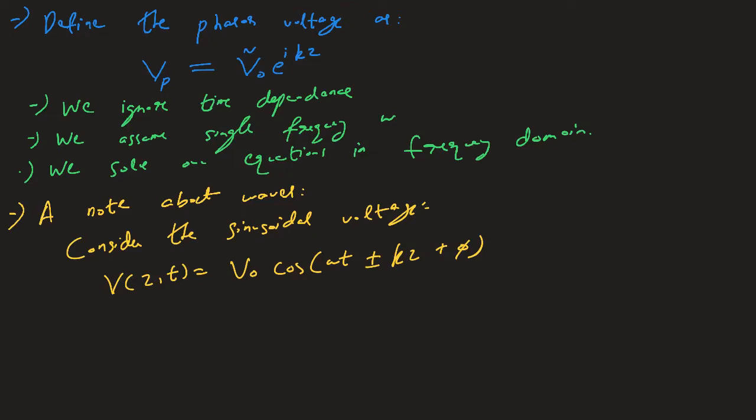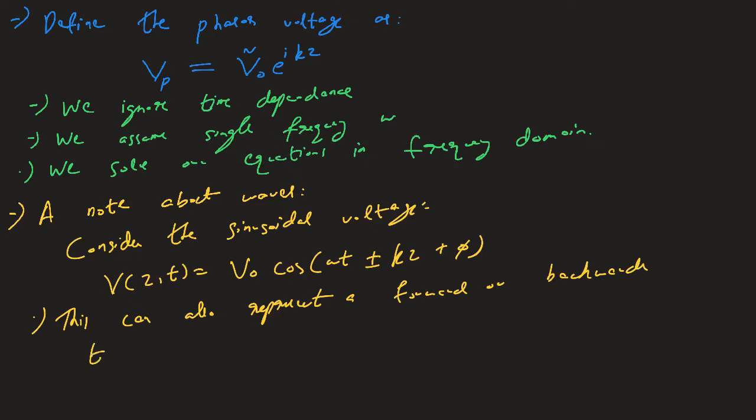We used to have cosine of kz plus minus omega t, but rather than having plus minus in the omega t term, we now have plus minus in the kz term, right? So this can also represent a forward or backwards traveling wave.